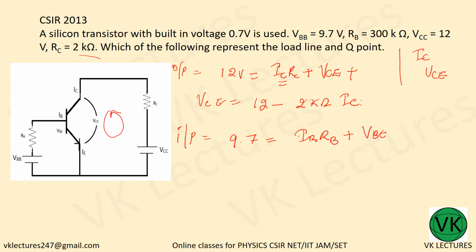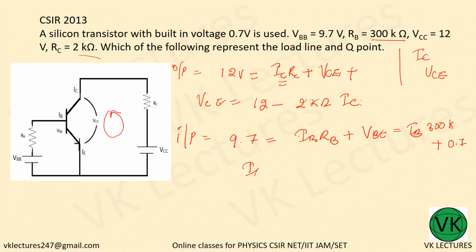IB we don't know. RB value is given as 300K. So 300K plus VBE 0.7. So 9.7 minus 0.7, that is 9.